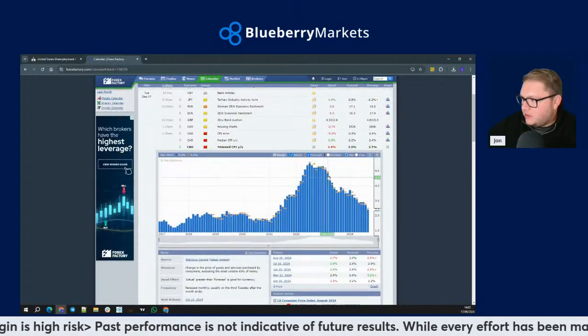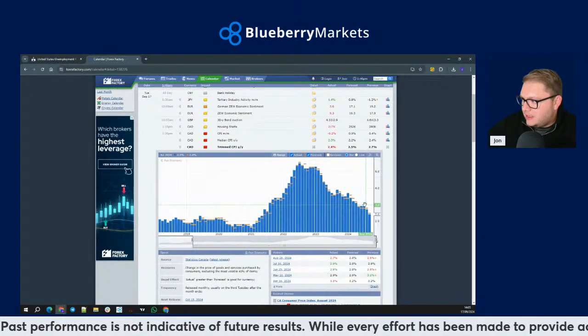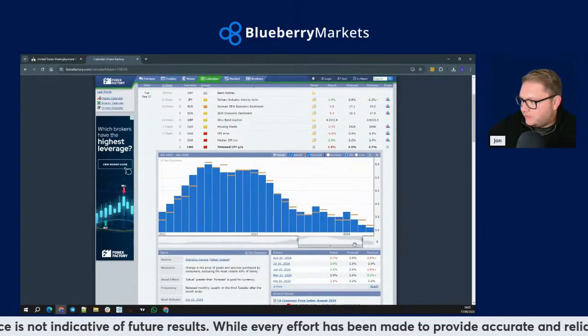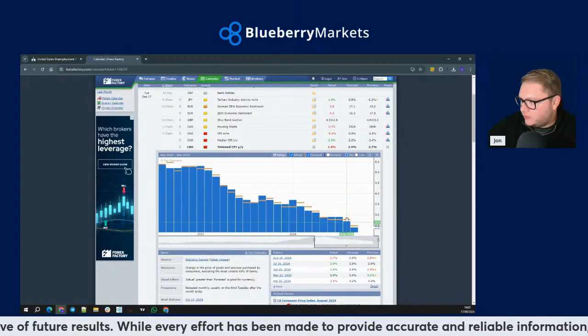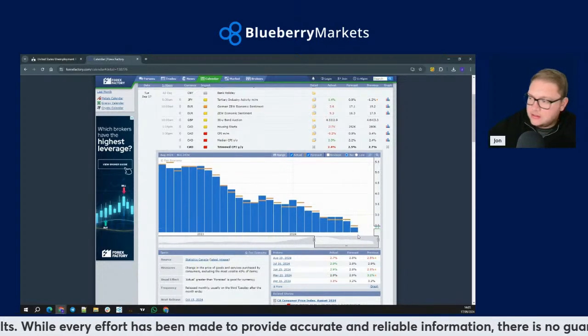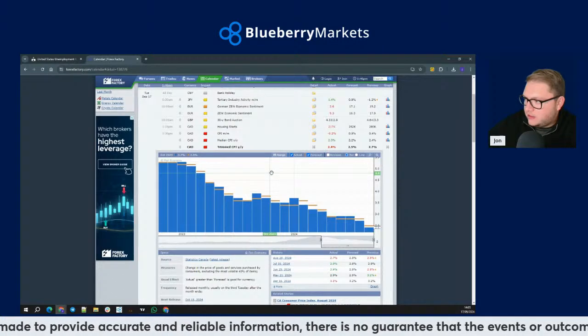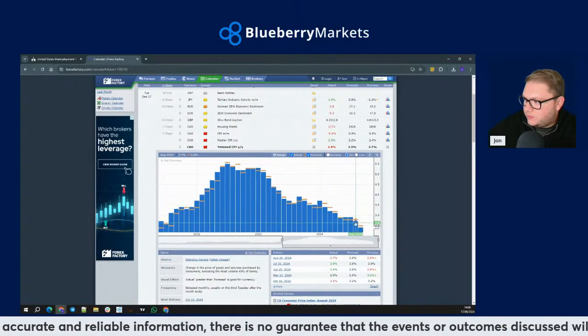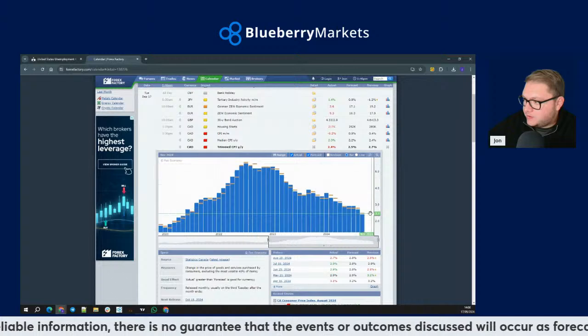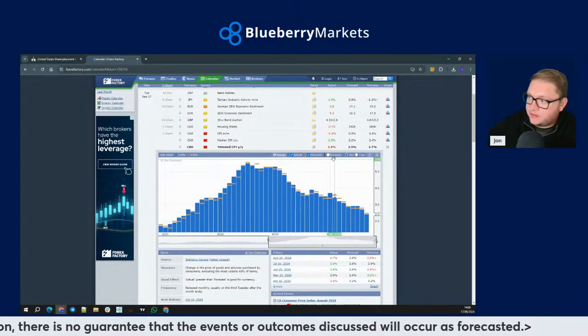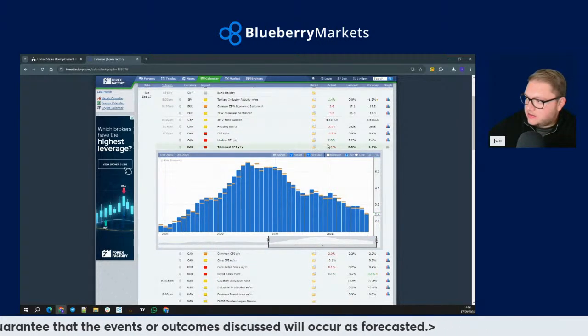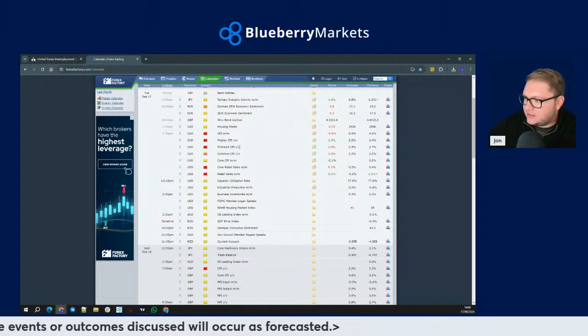You can see the overall trend here has been to the downside. Interestingly enough as well, if we zoom into the recent reports, we've missed forecasts to the downside on the two previous releases there. So that's going to be something to take into consideration going forward. But we'll do more analysis on CAD soon.